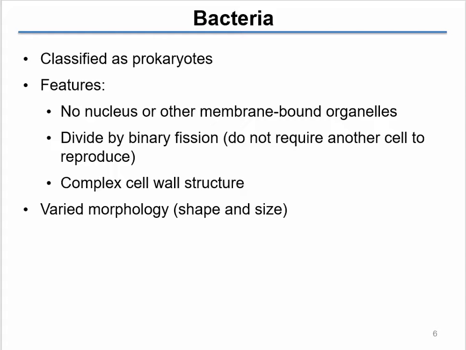So bacteria are cellular organisms. They are made of cells. However, they are prokaryotes. They're not eukaryotes like we are. The cells are different in that there's no nucleus. They have DNA, they have chromatin, they have other organelles in them, but they don't have membrane-bound organelles.